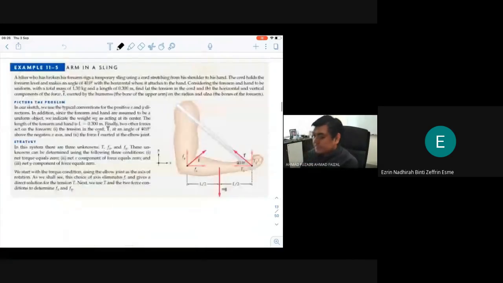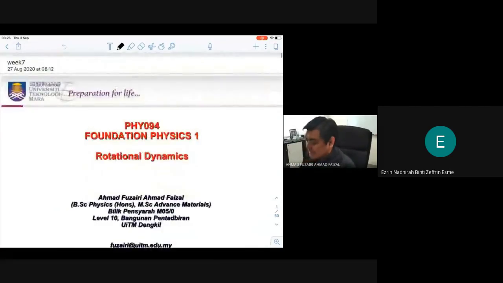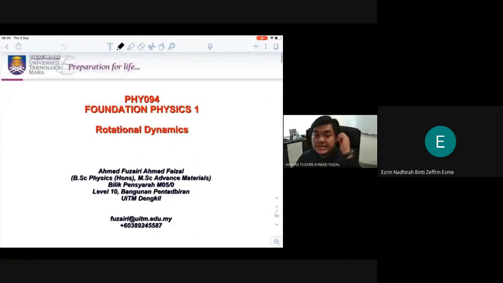All right, so today we want to discuss rotational dynamics. The word dynamics means we want to discuss more about what happened to the force. Before this, in linear motion, we learned about force after we learned x, v, and a.